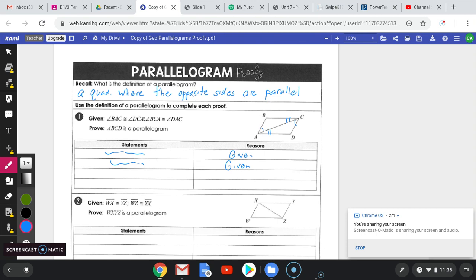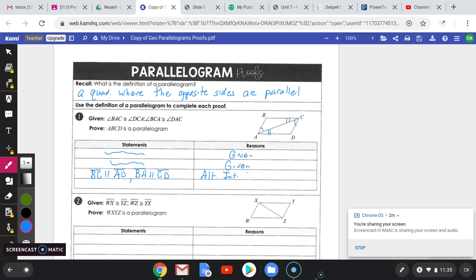Well, if you recall, we can say that line BC is parallel to line AD, and then on the same line, we can also say BA is parallel to CD.